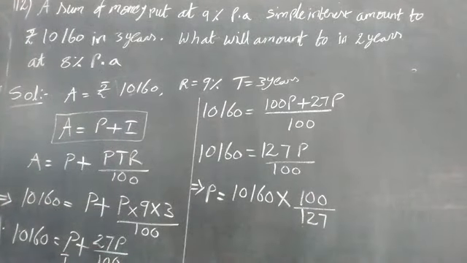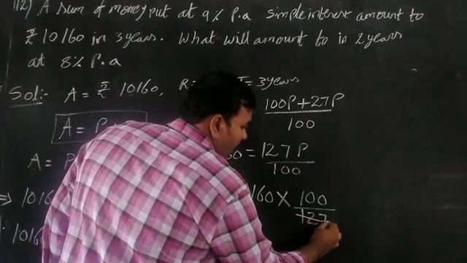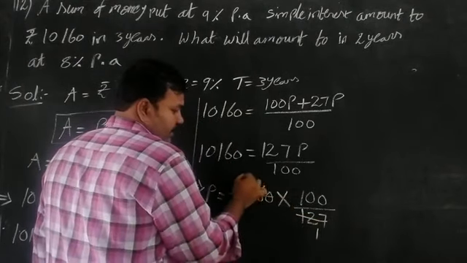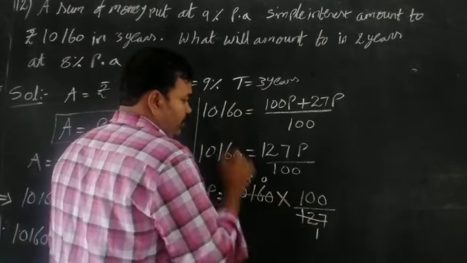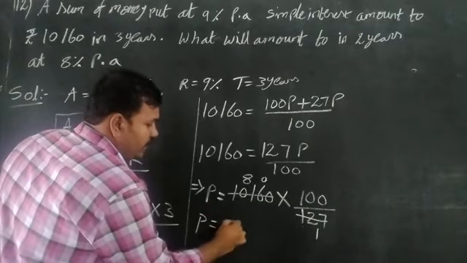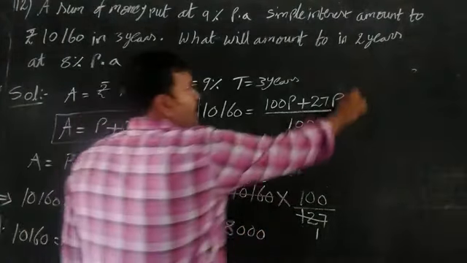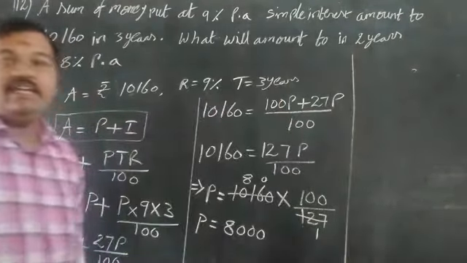So 7 is 56, 8 twos are 16, 21, 1 is 8, 10. So direct cancellation is there: 1 time, 8 times, and 0. P is equal to 8,000.